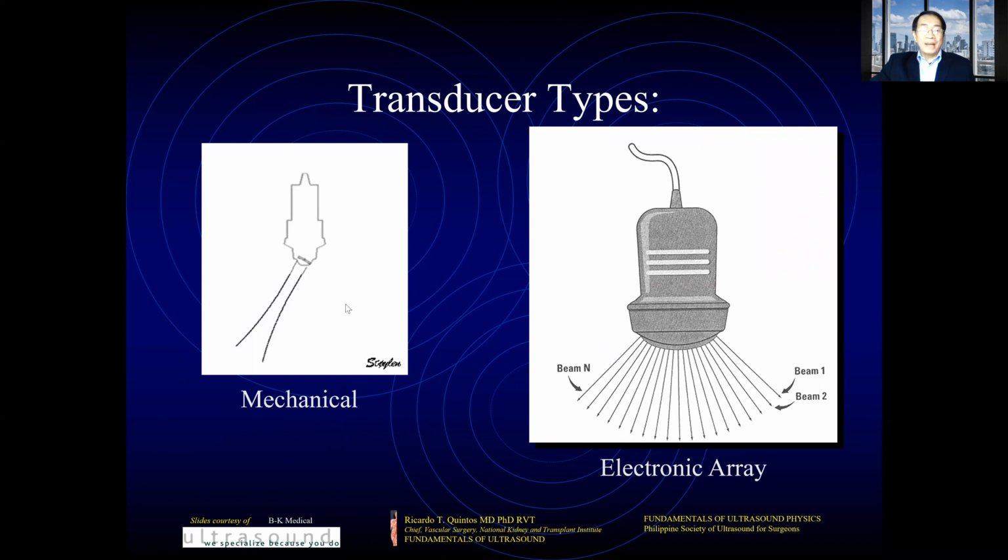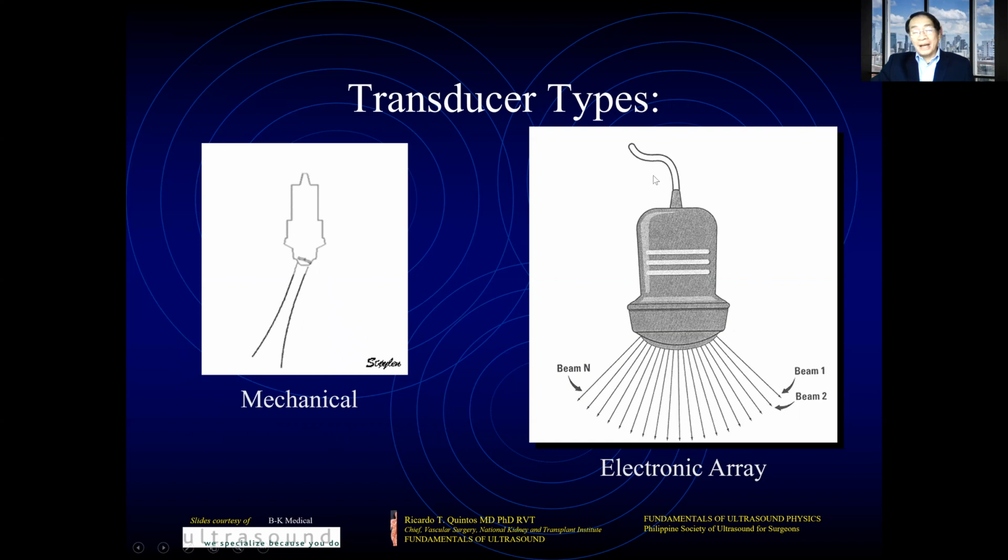So this is the mechanical transducer. You will see here that it emits a wave, and the mechanical movement of the array allows it to sweep back and forth so that there will be an accumulation or a collection of ultrasound reflections, which is then collected by the central processing unit, analyzed and brought out to the display monitor.